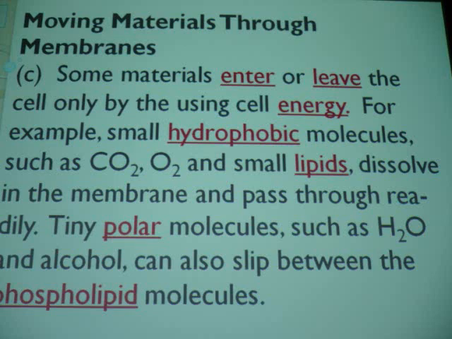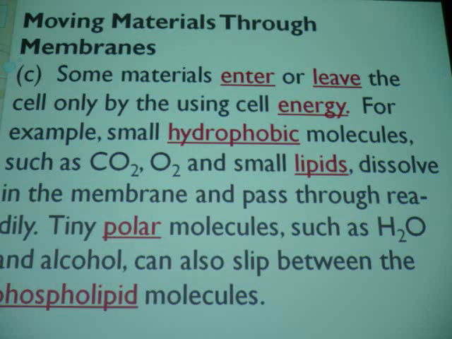If you're hydrophobic, that means you don't like water. They can go right through the membrane, because the membrane is not made of water. Those gases you see on the screen, those protein channels don't need to open up for those gases.